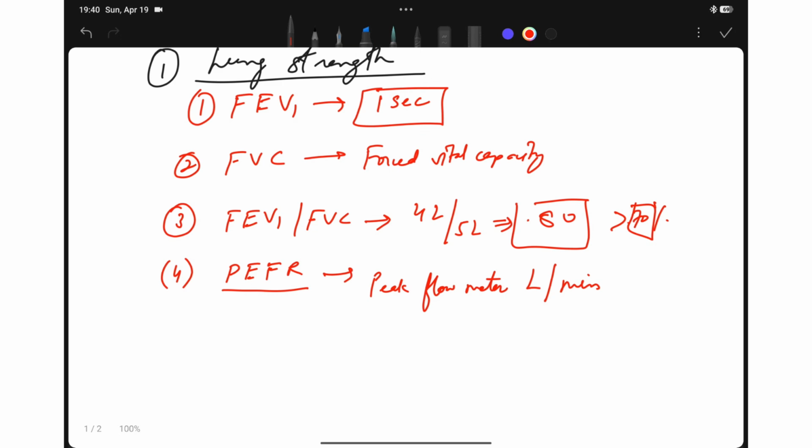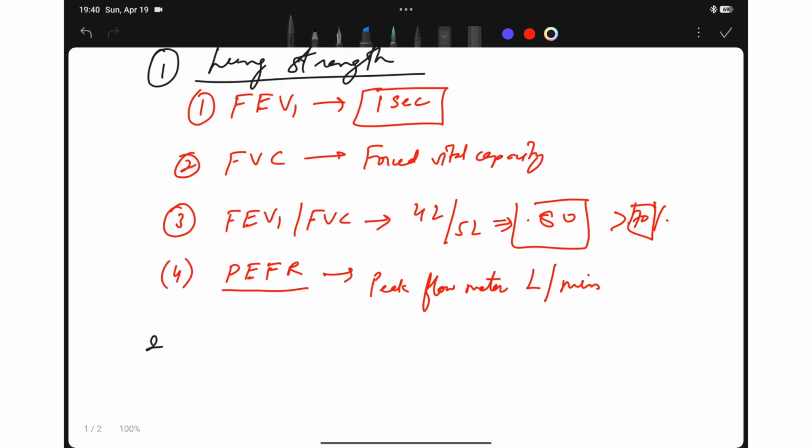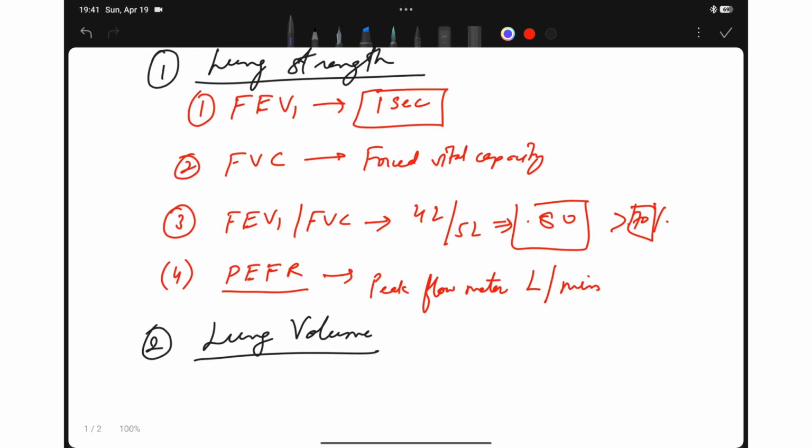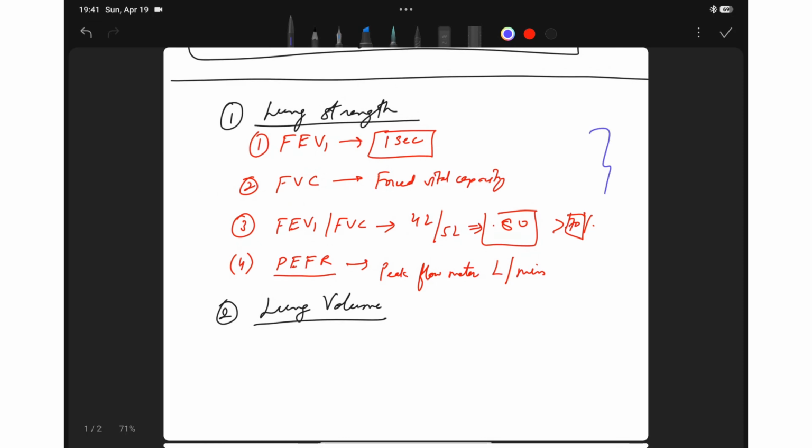The second category is about lung volume. Before going further into lung volume, I forgot to mention that these four values are measured through spirometry, or you perform spirometry to get to know all these values.